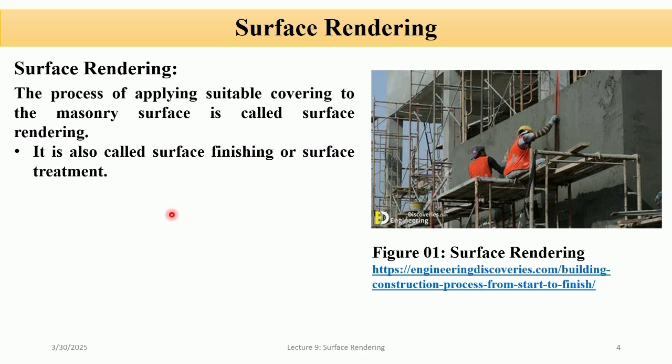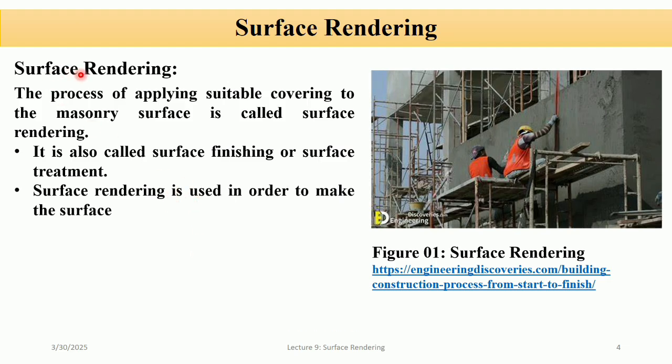Now let's discuss the purpose of providing surface rendering. The finished surfaces of walls constructed in brick or stone masonry, ceilings, and timber or steel work in a building are irregular, water absorbent, and liable to be affected by weathering agencies such as rain, wind, gases, etc. Therefore, we have to provide a finished surface with a suitable covering material in the form of plaster, paints, washes, etc. to make them smooth, water repellent, weather resistant, and to provide them a pleasing appearance.